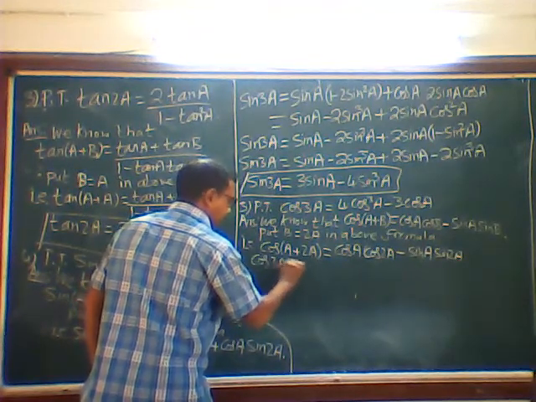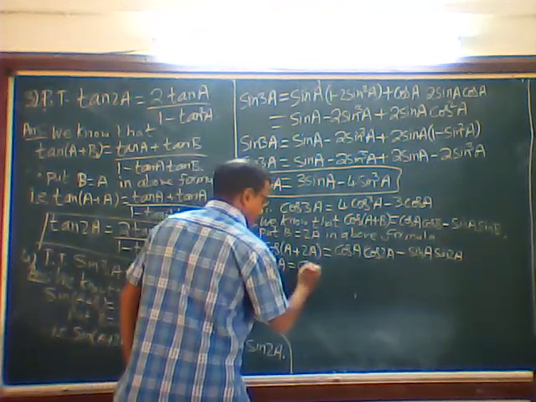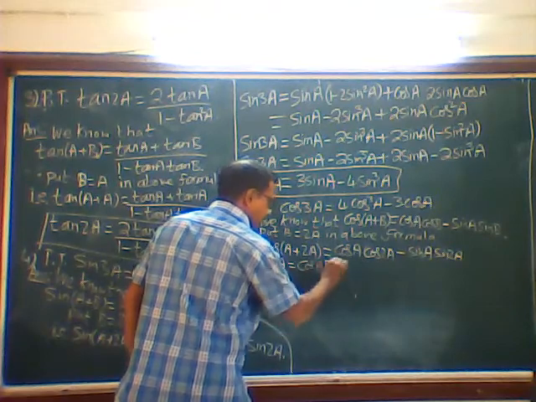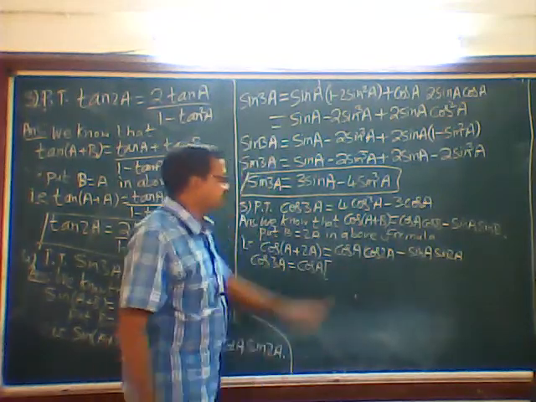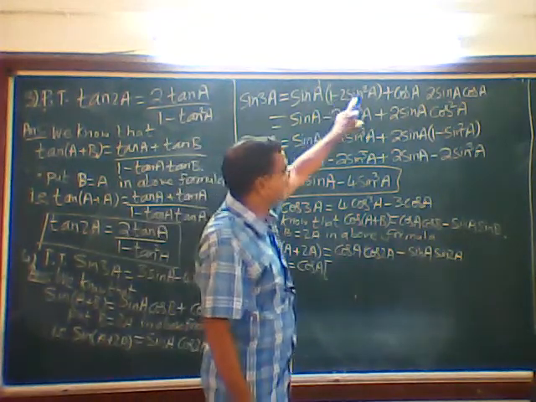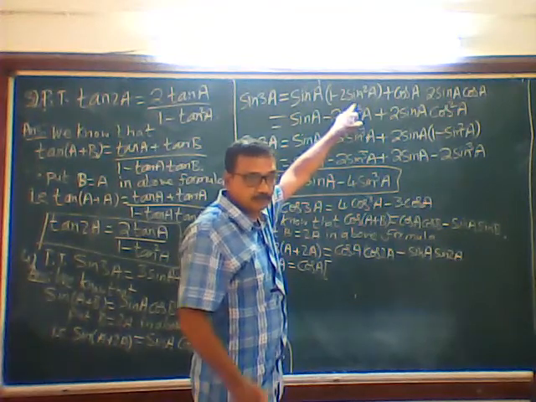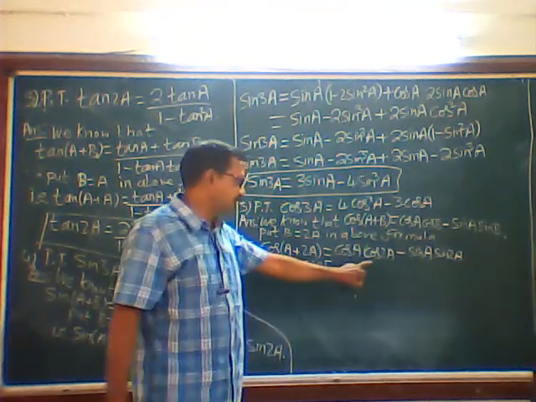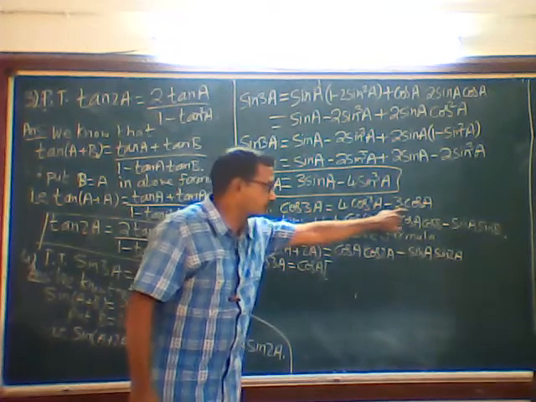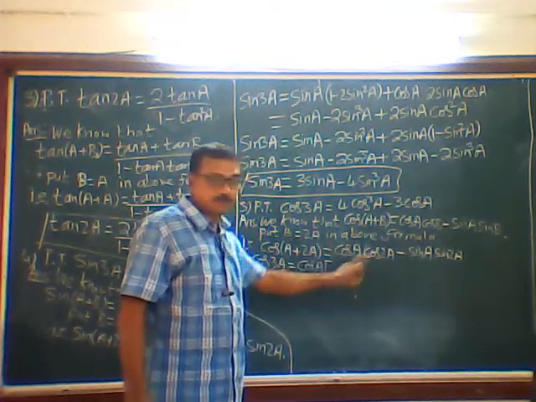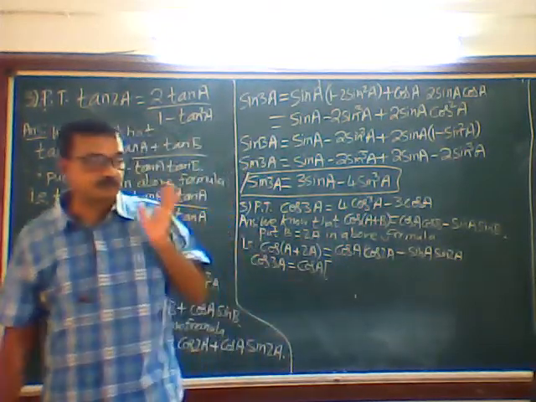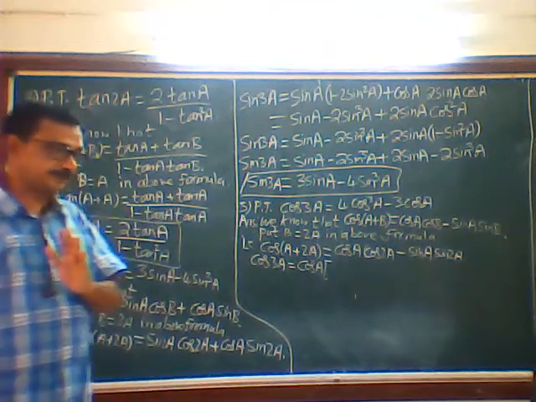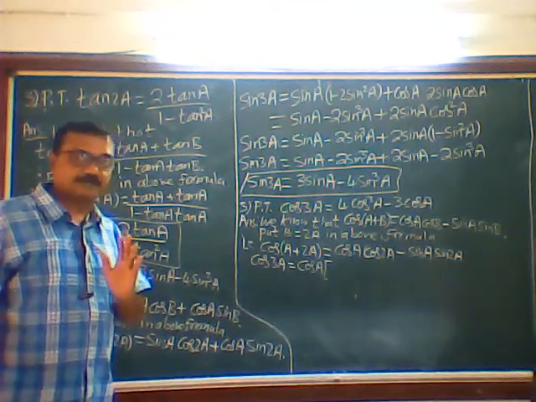Cos 3a is equal to, now cos a as it is. Now in place of cos 2a, just now I wrote cos 2a as 1 minus 2 sin square a, because I wanted it in sin, but here I want it in terms of cos. So cos 2a is what? Main formula is cos square a minus sin square a. Okay, I want it in terms of cos.